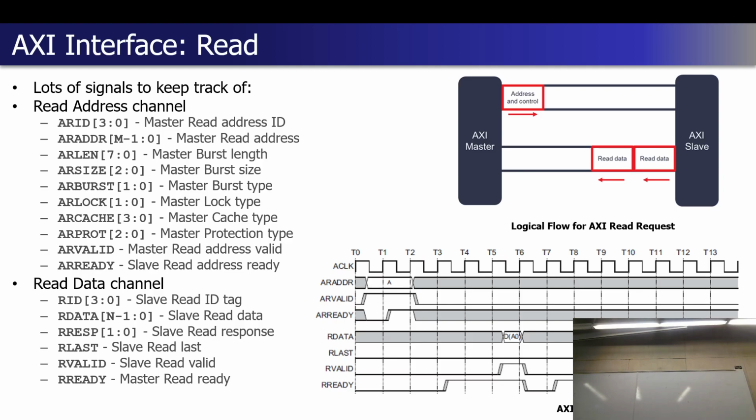If it helps, it may or may not help, all of those signals start with the prefix AR. That's address read, or AXI read, prefix for all of those signals here. And then we have the actual read channel, for which we're going to, at the very least, get some sort of response signal that's valid or invalid, and then the actual data is going to come back over that port as well.